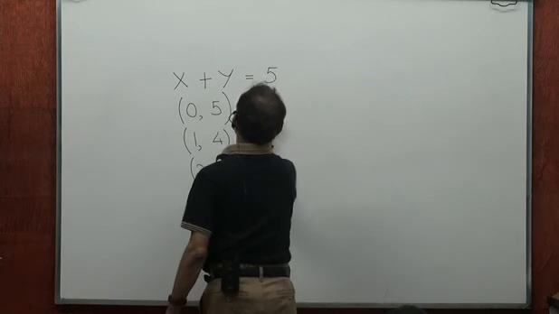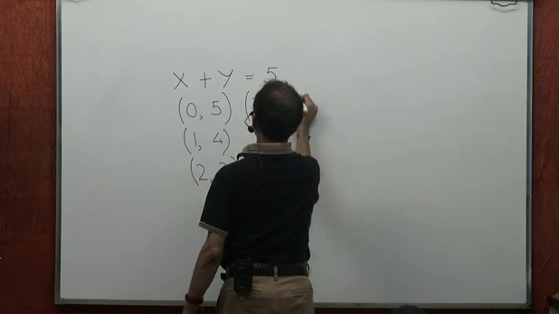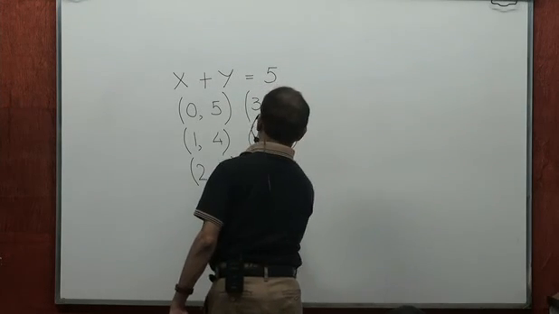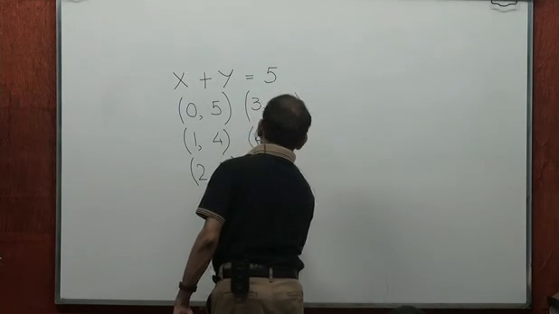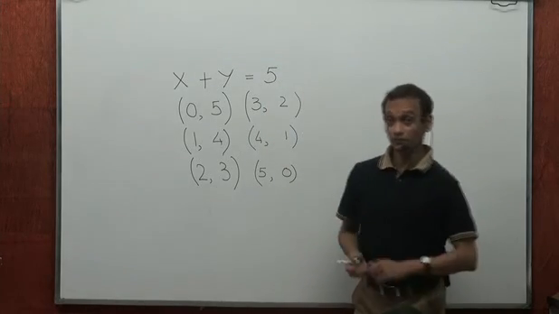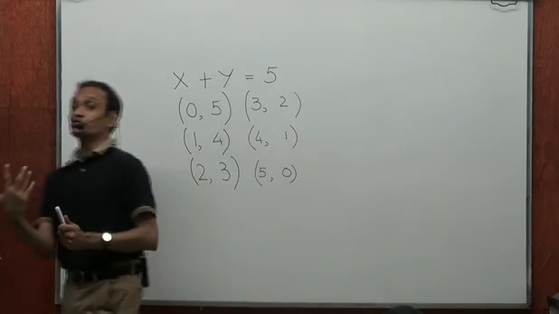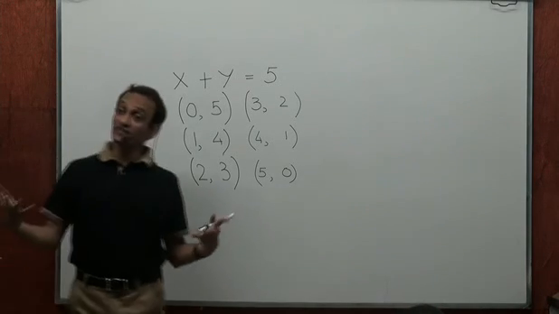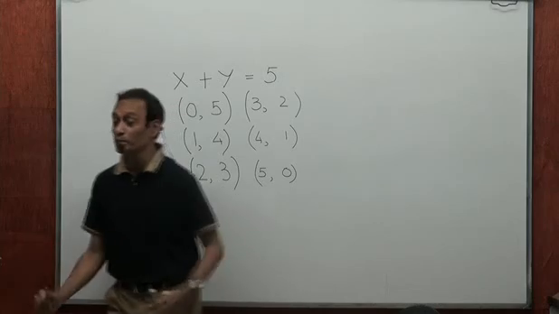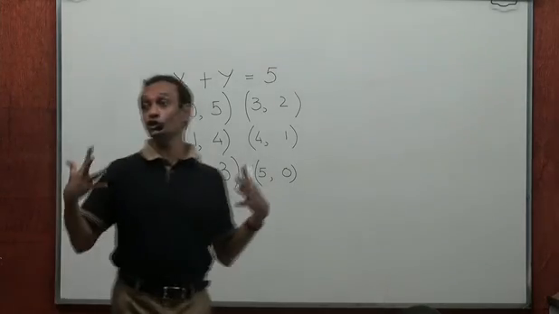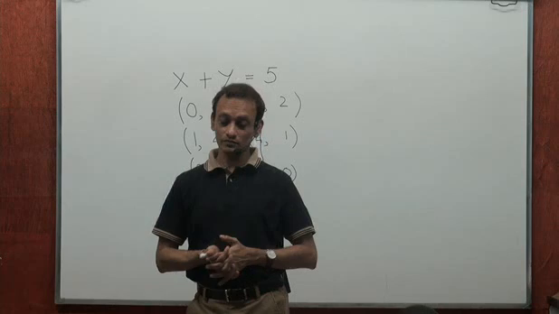You could have had 3 monkeys, 2 donkeys, 4 monkeys, 1 donkey, 5 monkeys, no donkey. Right? This then is supposed to be the number of integer solutions to this equation given the set of constraints. Clear?